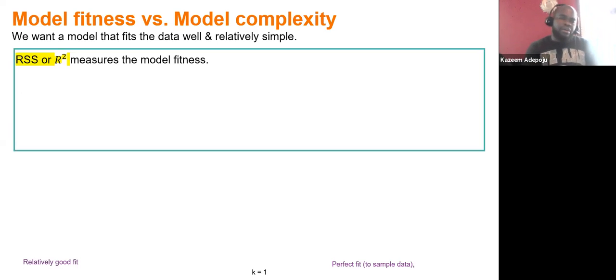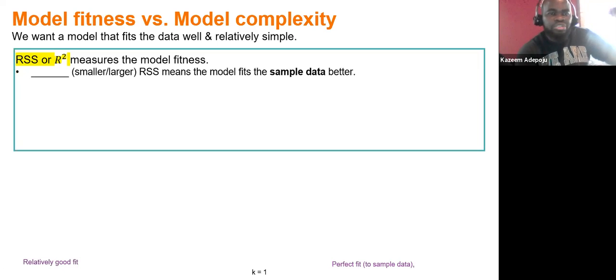R squared measures what percentage of variation in the response the model was able to explain. For the model with the higher value of R squared, we have a smaller value of the residual sum of squares. So these are the yardsticks to know whether a model fits well.